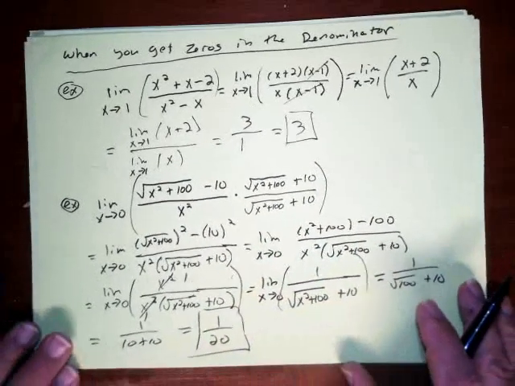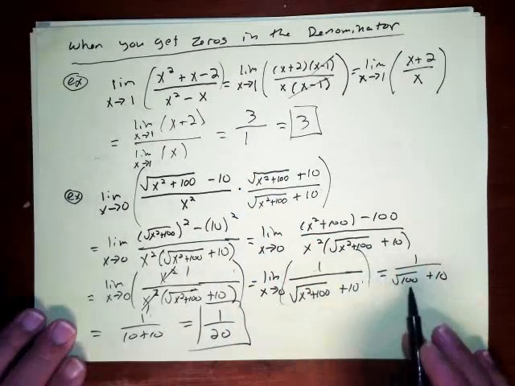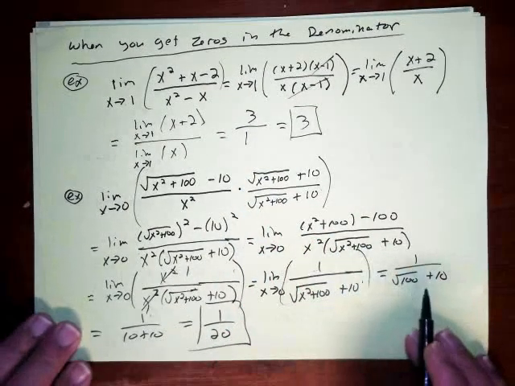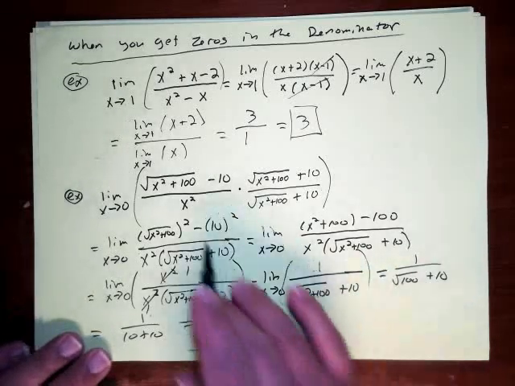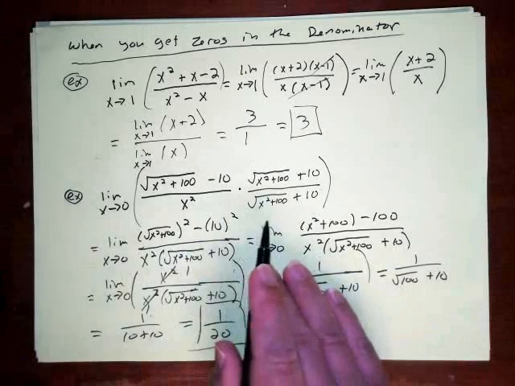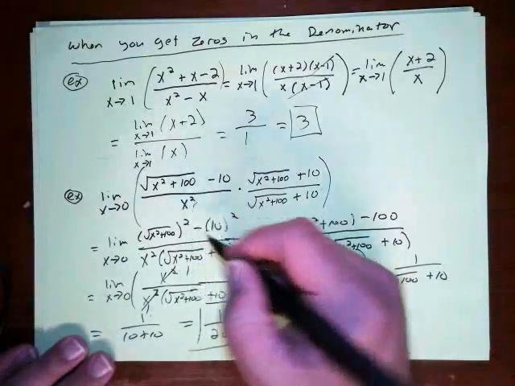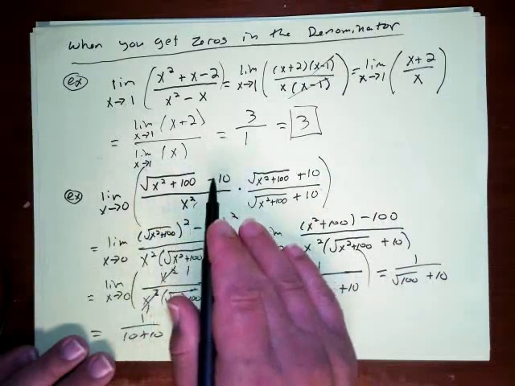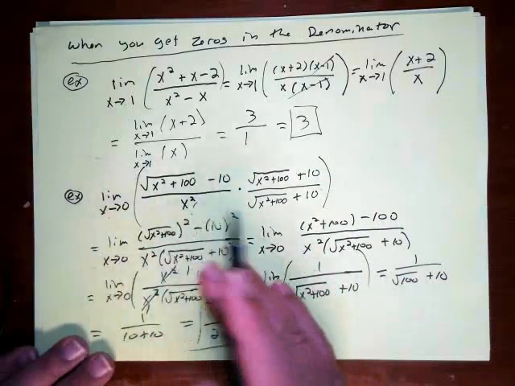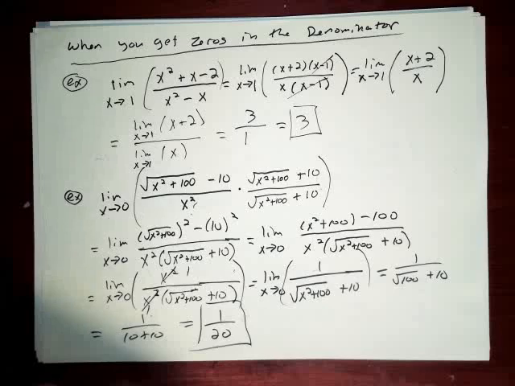Okay, so now if you can't simplify this into a form where you no longer have a problem in the denominator, then it probably means that it doesn't have a limit, and it means that this is a vertical asymptote. But in this case, this would not be a vertical asymptote at 0. It would have a hole at 0.